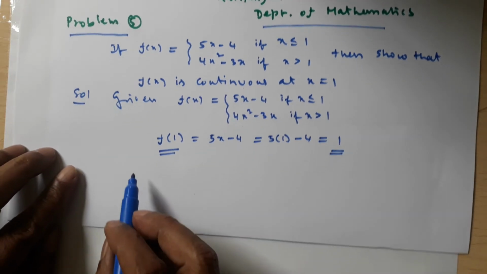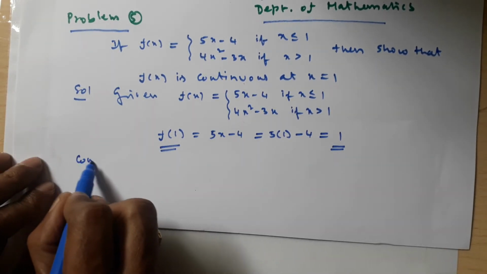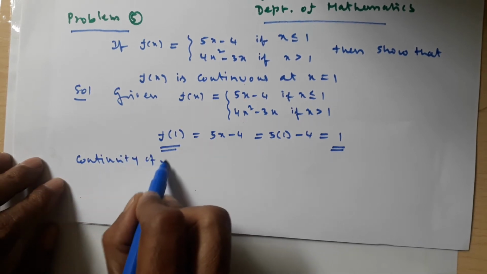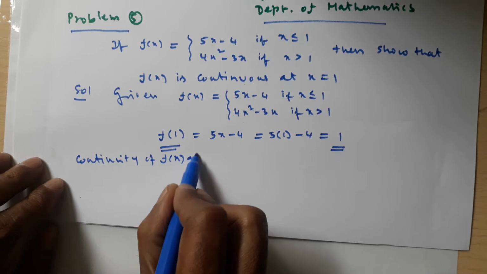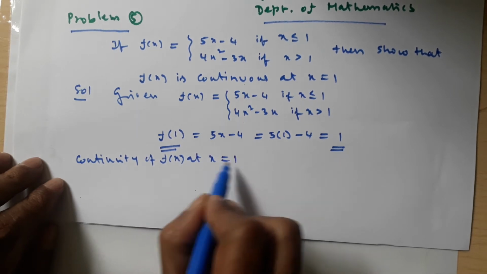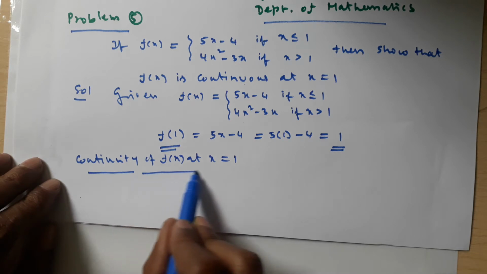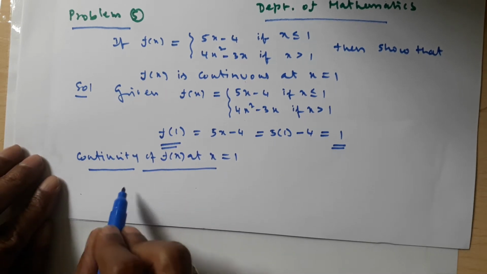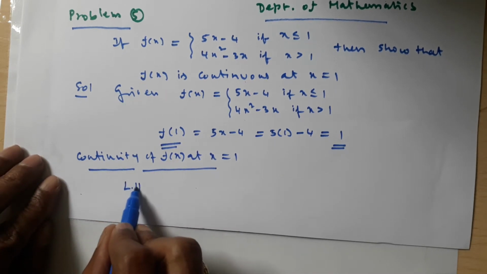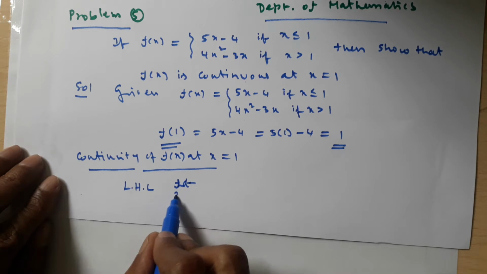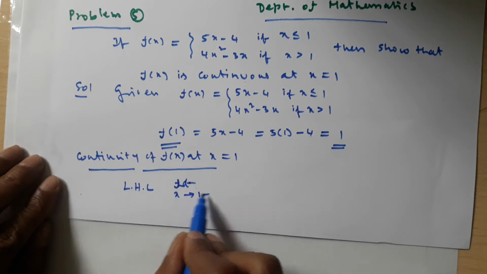Next, continuity of f of x at x equals 1. LHL: limit f of x as x tends to 1 minus.